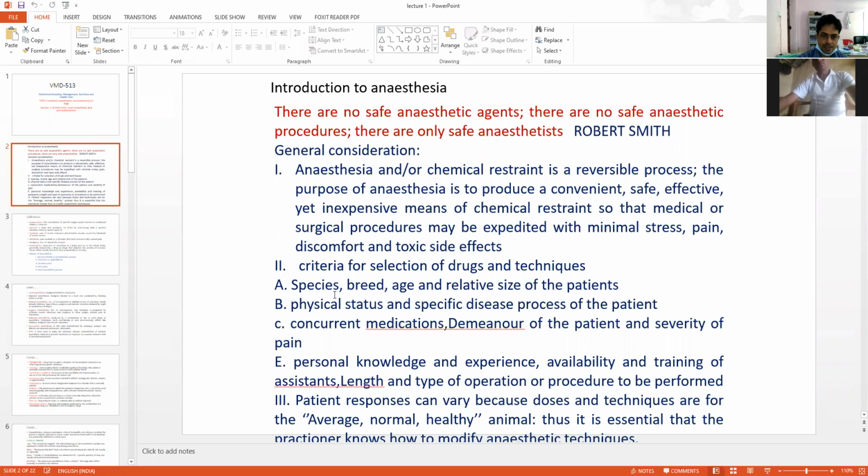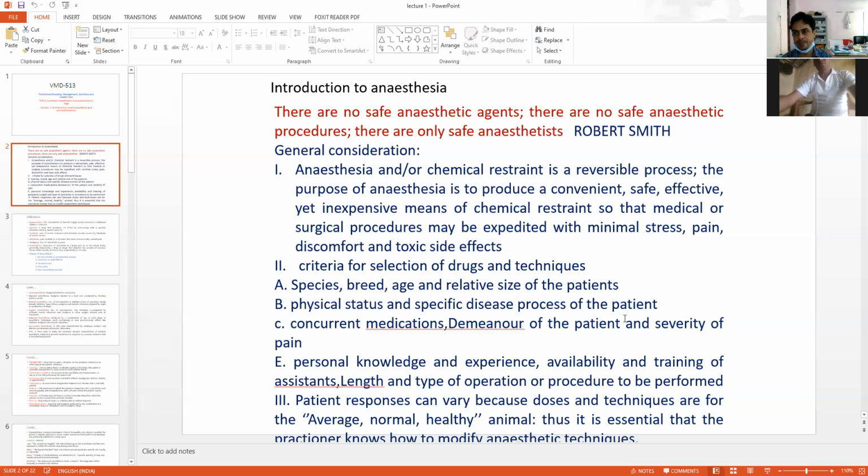The criteria for selection of anesthetic drugs depend upon species, breed, age, and relative size of the patient. If it is a fatty animal, your selection will be slightly different. Selection of different anesthetics will depend upon breed, age, and species also, so you should think about these while considering anesthesia. Then the physical status and specific disease process of the patient.